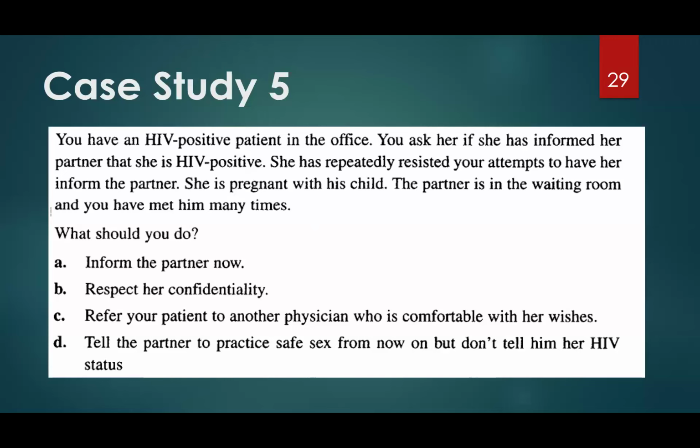Inside the USA itself, the states differ in applying ethical rules, but here there is legal immunity to inform the partner because you are protecting him and protecting his life, which is at risk. So the answer is informing the partner now.